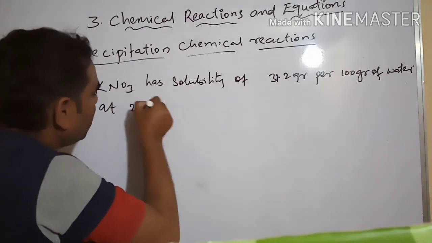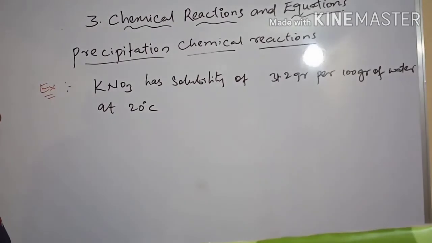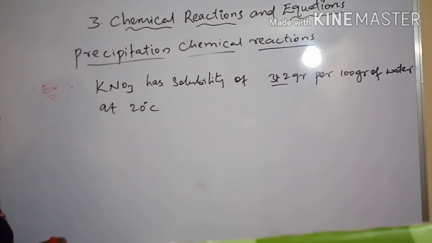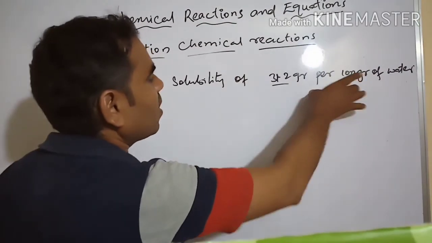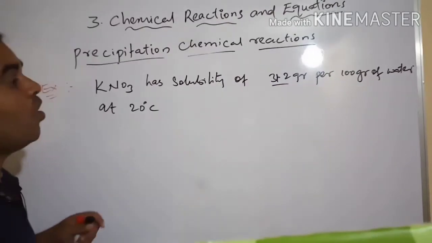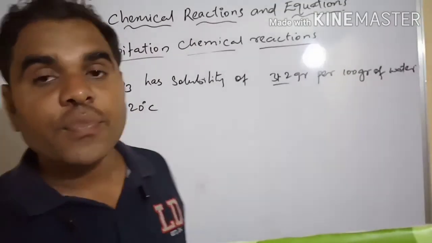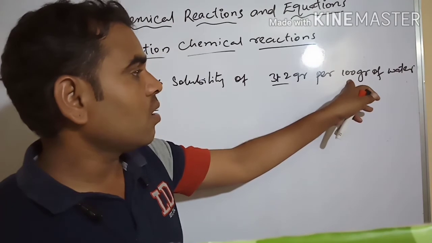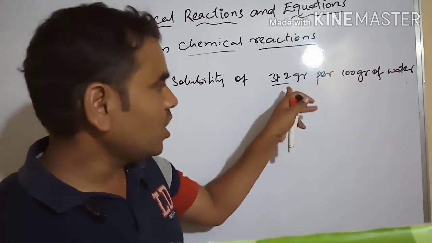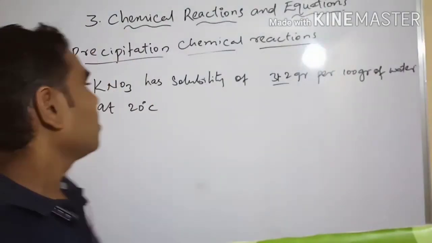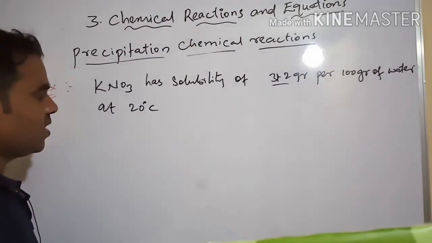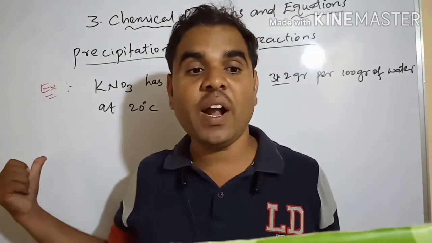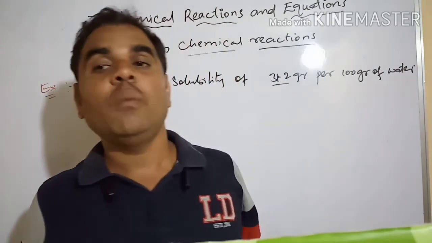It easily dissolves at 20 degrees Celsius. This solute dissolves in the solvent at 20 degrees Celsius, so this temperature is required for the solubility of potassium nitrate.